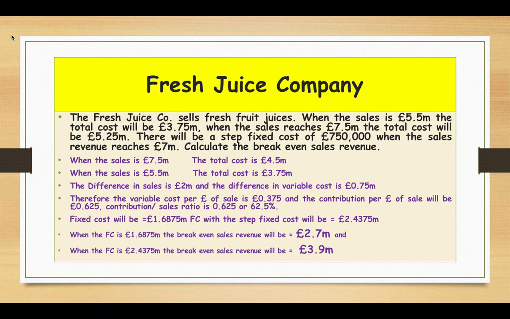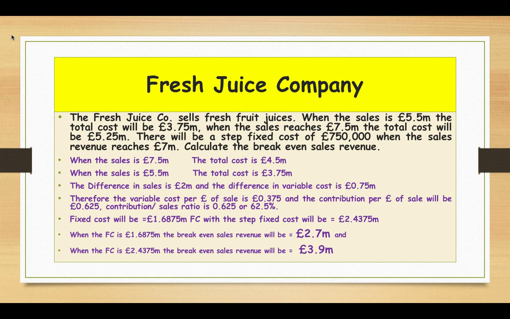So the variable cost per pound of sale is 0.75 million divided by the 2 million, which gives 0.375. So 0.375 pounds is the variable cost per pound of sale. Therefore, the contribution per pound of sale will be 0.625 pounds, which is 1 minus 0.375.